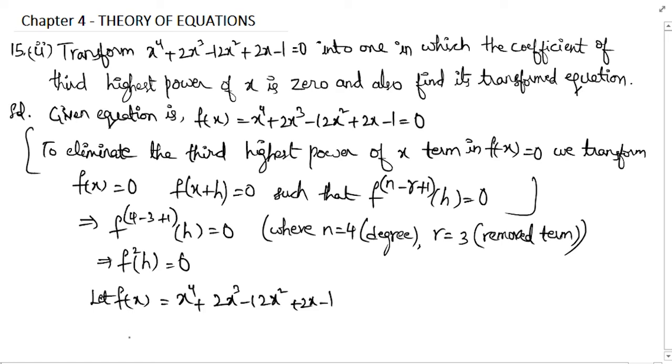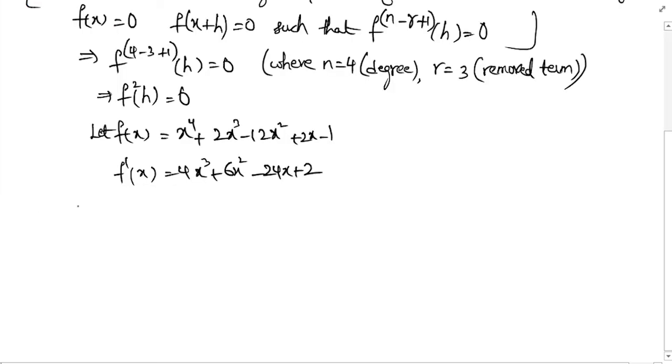Okay, so here f dash of x will be equal to 4x cube plus 6x square minus 24x plus 2, and then f double dash of x will be equal to 12x square plus 12x minus 24.